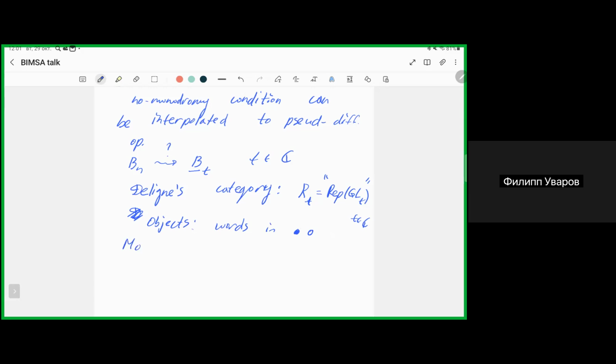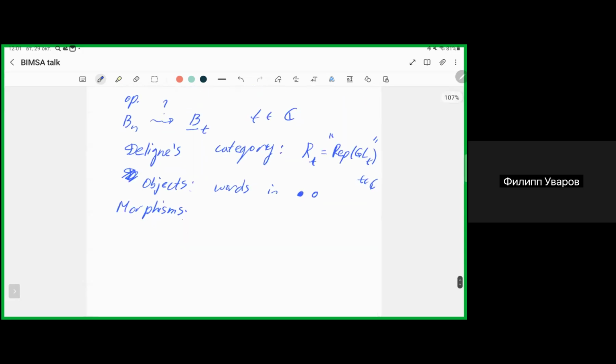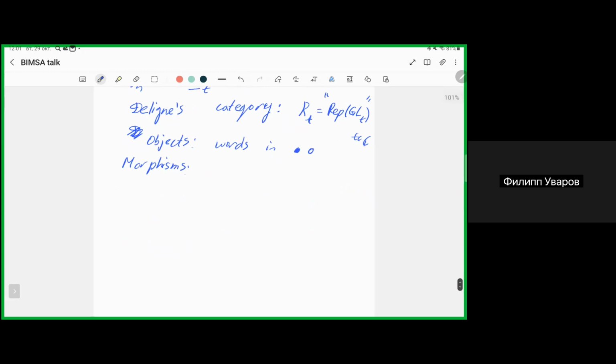And morphisms. Well, suppose that you have one word like this, just an example, and another word, f prime, say like this.